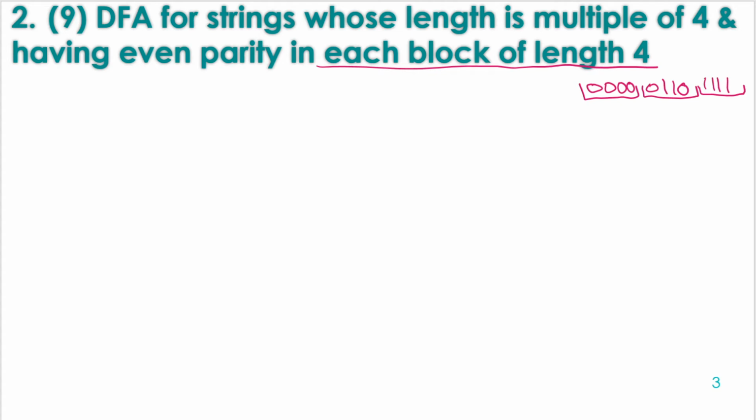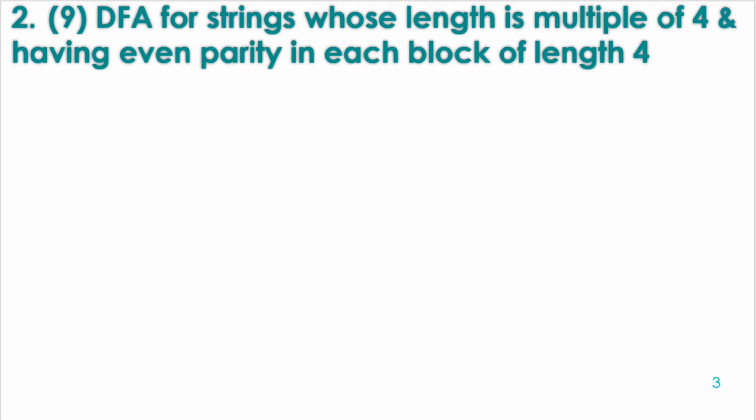So first, the string must be a multiple of 4. Second, the string must have even parity for every block of 4 bits. Now we have to check these constraints very carefully, and we also need to keep track of the length of the string at every point.